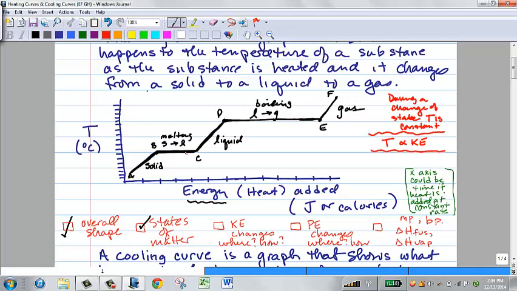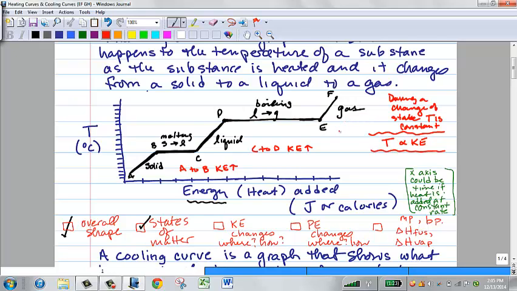And in the slanted portions of the curve, where the temperature is rising, since temperature and kinetic energy are directly proportional, it must be that kinetic energy is rising there. So since the temperature is rising as we go from A to B, the kinetic energy must be going up as well. Since the temperature is rising as we go from C to D, the kinetic energy must be rising as well.